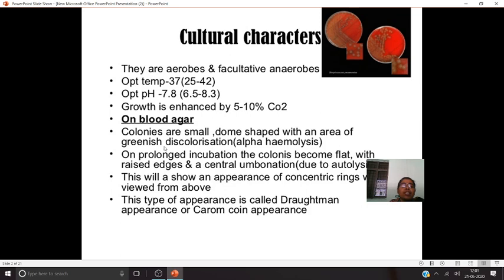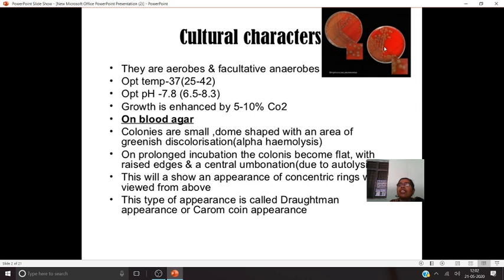Now let us see the cultural characteristics of pneumococci on blood agar. In this figure, these are the colonies. The colonies are very small and dome shaped with an area of greenish discoloration.